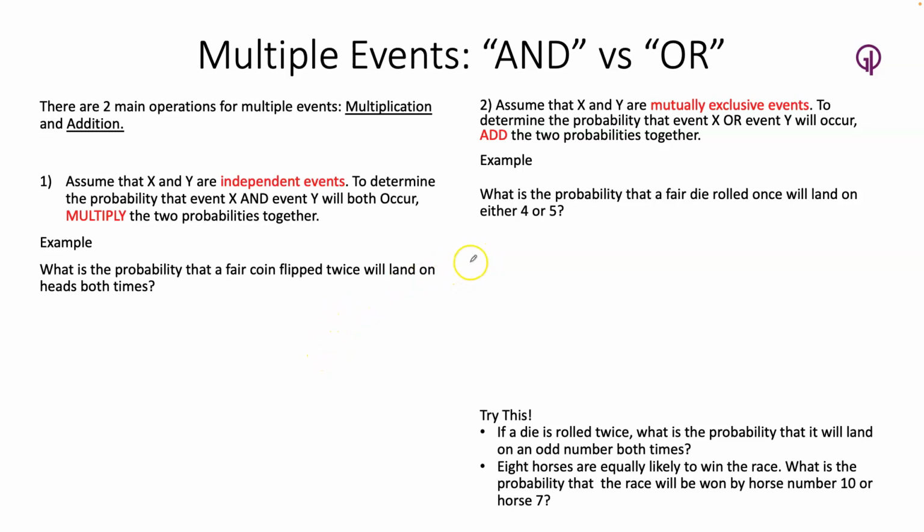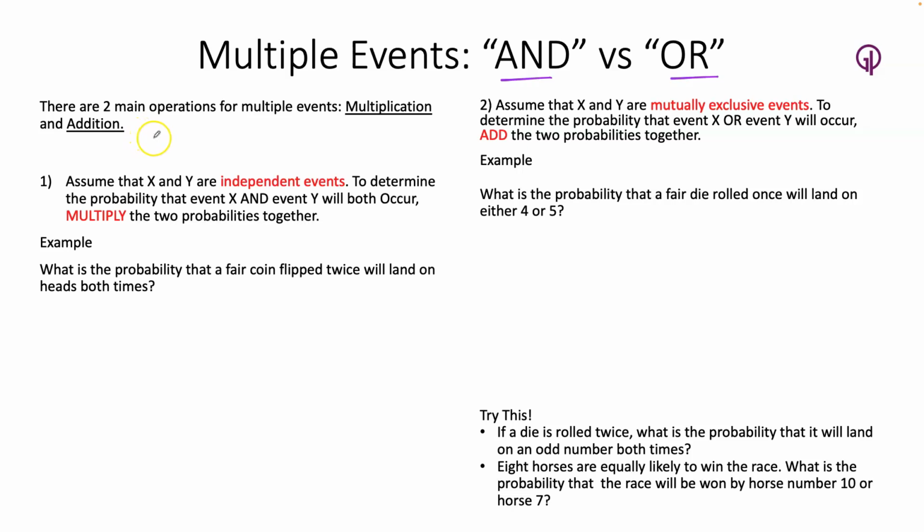Now here we turn attention to multiple events, and then we'll examine the AND versus OR operations. Now, probability problems that deal with multiple events usually involve 2 primary operations: multiplication and addition.